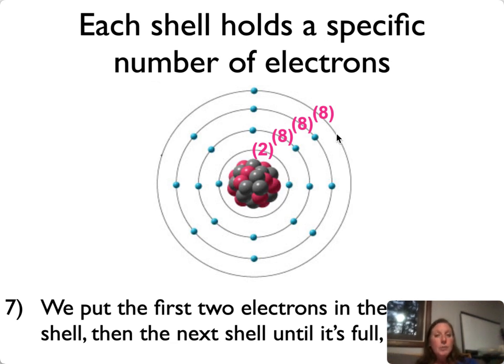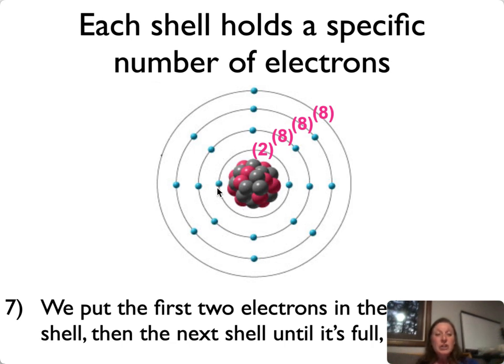So the other part of this rule is that you must fill the innermost shell first, then move to the next and fill it before you can move to the next and fill it. I want you to imagine that we've got a giant electron family and they decide to go on a trip, and each one of these shells is like a car.